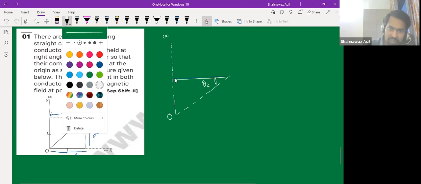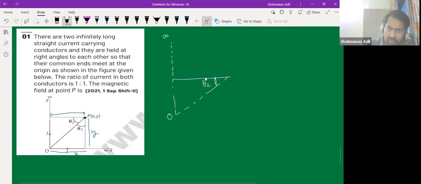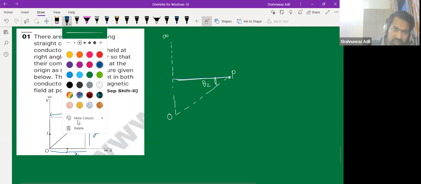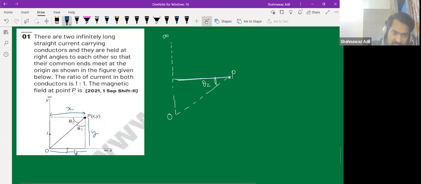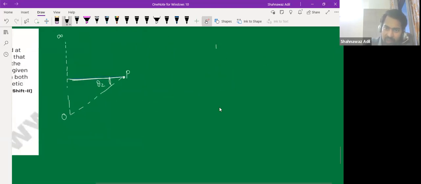How much is this distance? So this is x. Let me write it. So you have this x and y axis.